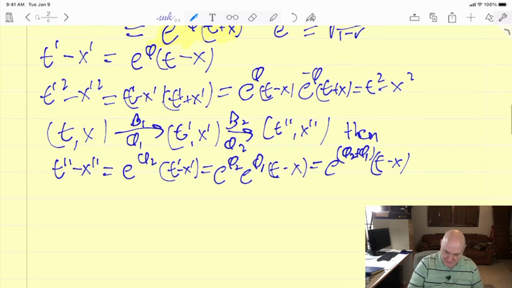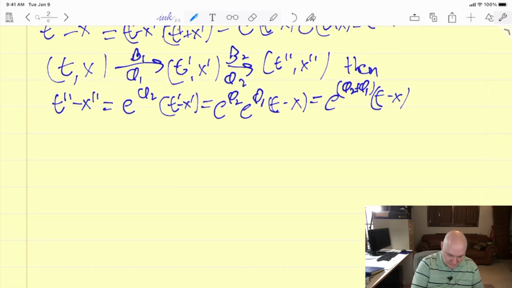So that's good. And in the same way, t double prime plus x double prime is equal to e to the minus phi2 plus phi1 times t plus x.